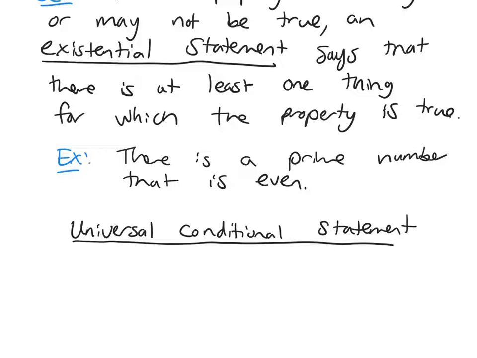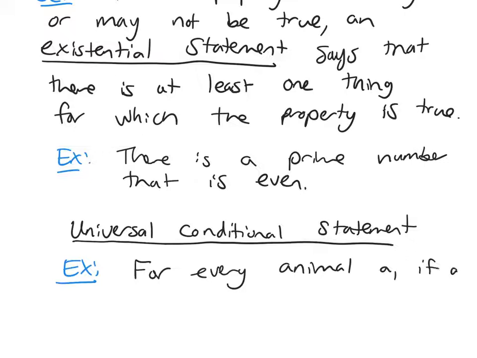So an example here would be for every animal A, if A is a dog, then A is a mammal.